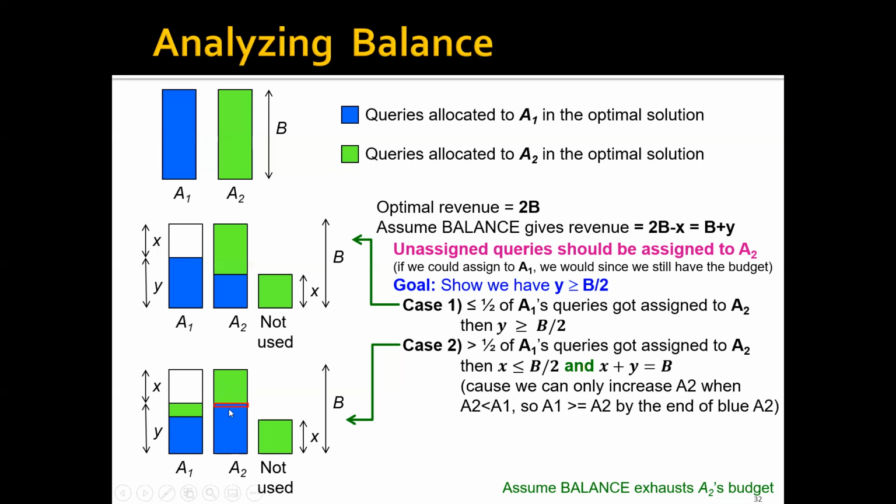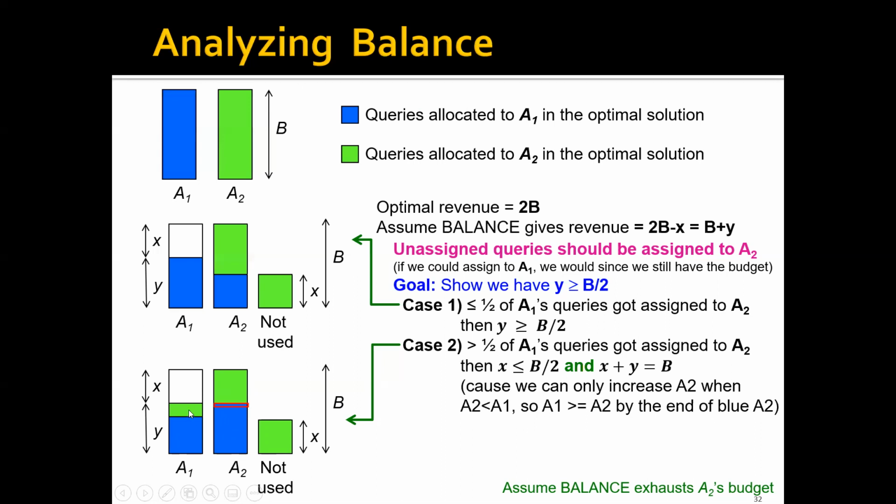Therefore, the reason why the algorithm will assign this query to A2 is because at this point, A1 has already exhausted at least half of the budget B1, right? Only if this happens, then this query will be assigned to A2, right?